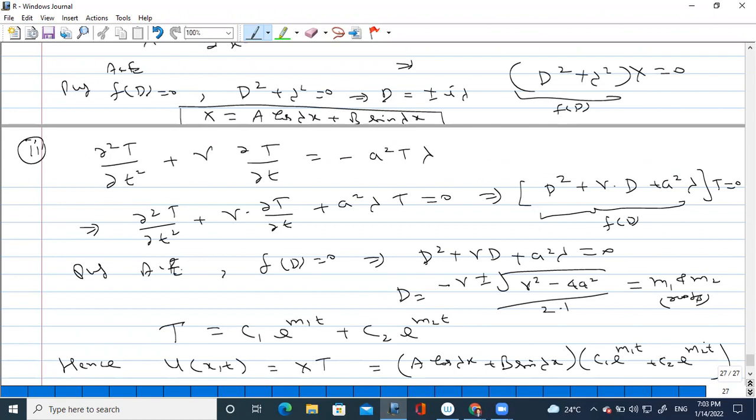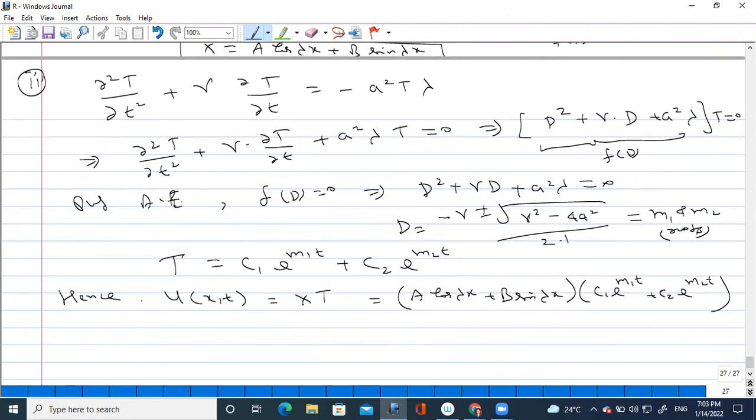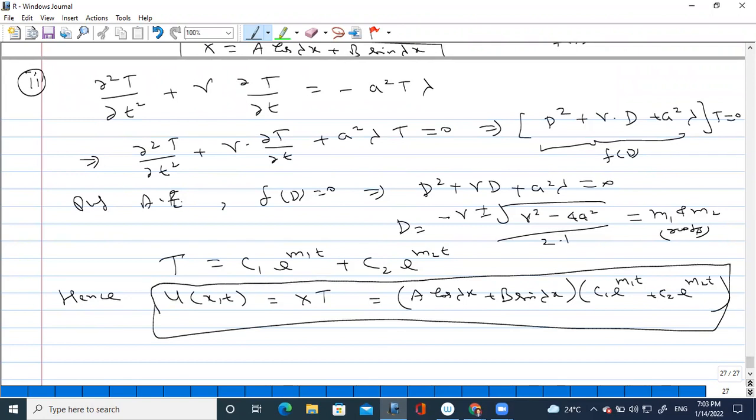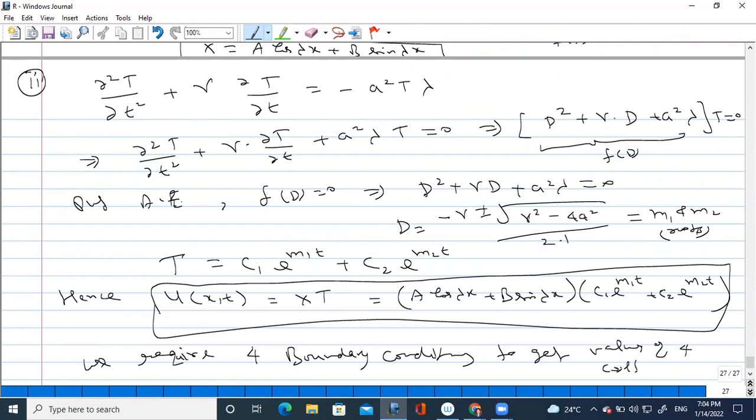So to get them, you need 4 boundary conditions. So this is your solution of such a type of problem. We require 4 boundary conditions to get the values of 4 coefficients. Okay, note down this. So like this we can solve the damped wave equation.